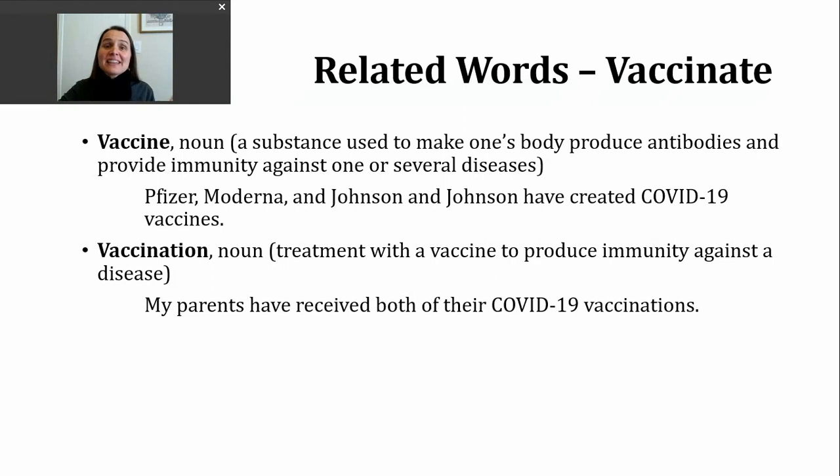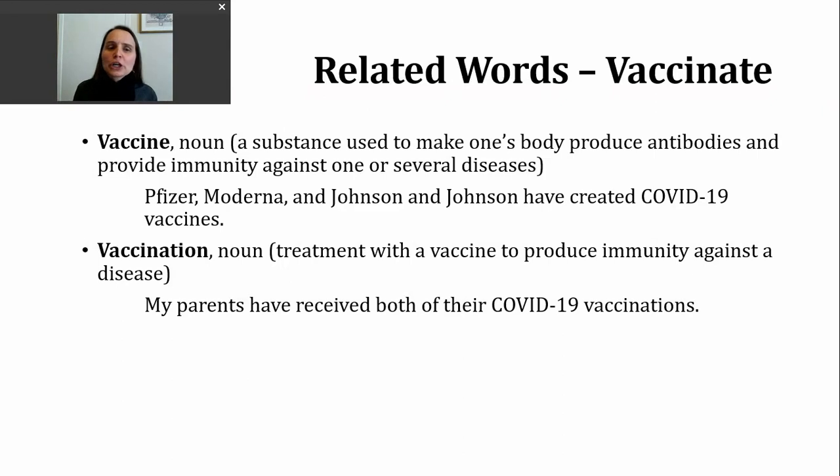Here's an example of this noun in a sentence. Pfizer, Moderna, and Johnson & Johnson have created COVID-19 vaccines. There are other companies around the world who are also in the process of creating or have created these substances. I've chosen to highlight these three because they are approved for use here in the United States.